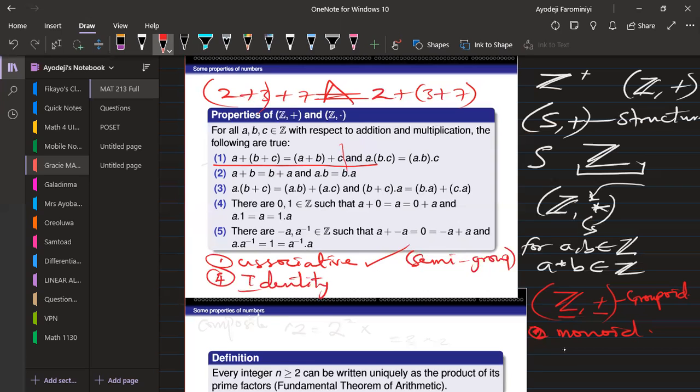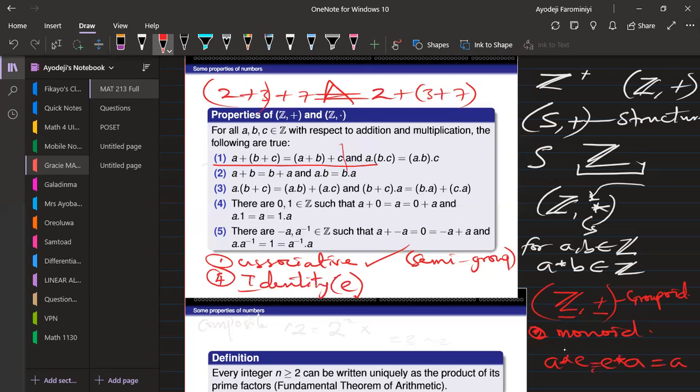An identity is an element that under the binary operation does not change the other element. Identity is represented by the letter e. So if I do a * e or e * a, I'm going to get a, then e is what we call the identity element. Are you following? Yes, sir.